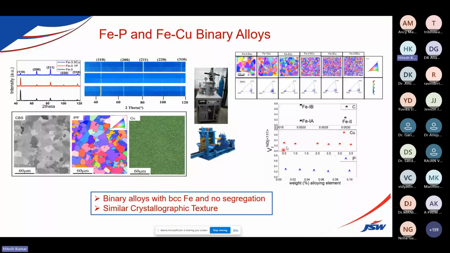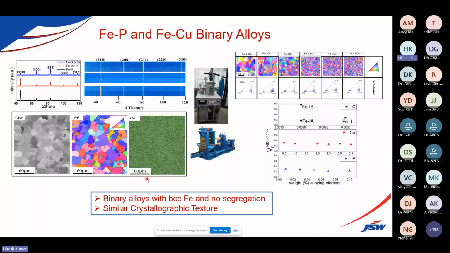In this paper we only talk about the binary alloys; we didn't move towards the secondary alloys. As we already know from our earlier work, texture plays an important role. To normalize that, we tried to make materials with a uniform texture.